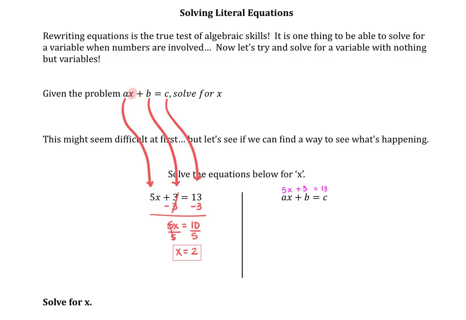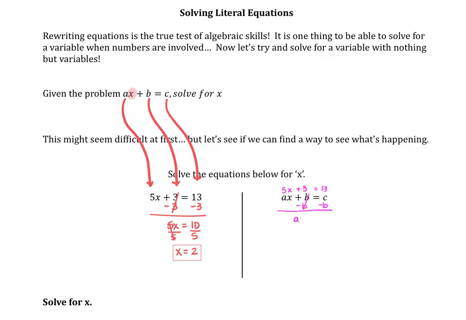However, I'm going to do the exact same process. So on the first problem, I subtracted 3 from both sides. Since 3 is now b, I'm going to actually subtract b from both sides. Now here's where it gets a little bit different. B minus b gives me 0, still goes away.